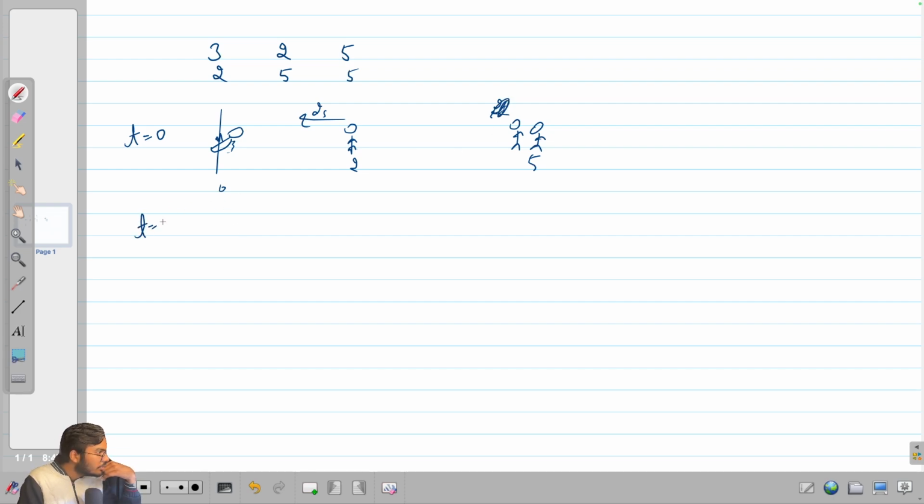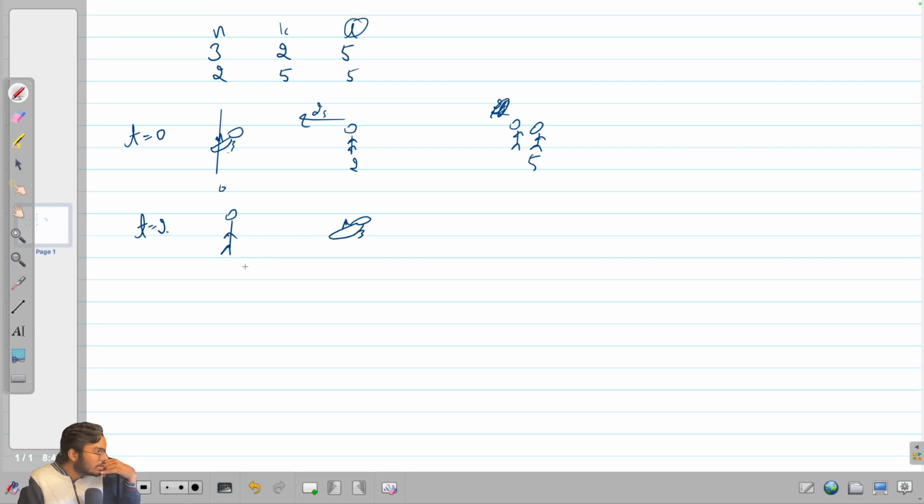At time t equals 2 seconds, what will happen is this scarecrow, we are only looking at this, will reach here, right? And the crow will move to position 2 plus k, where this is n, this is k, and this is L, right? So the positions will be reversed now.